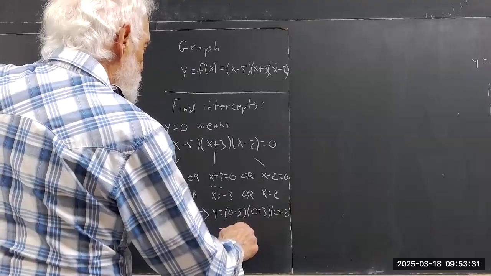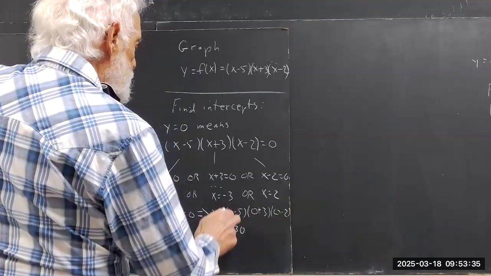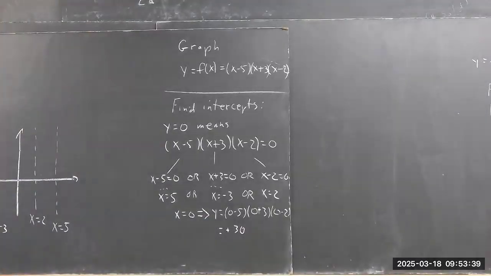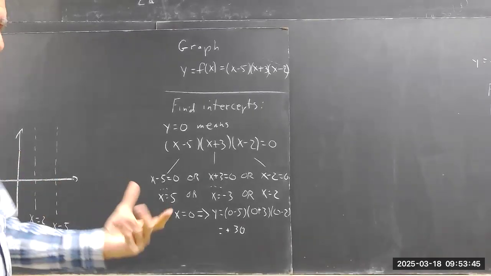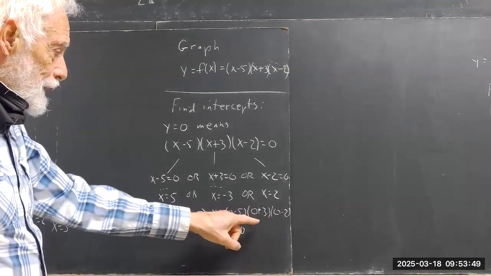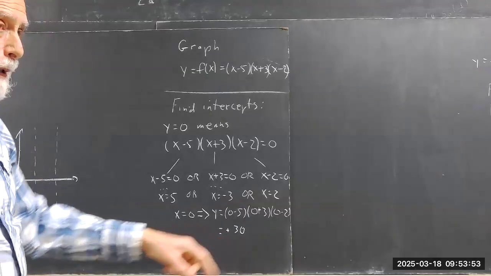Okay, and that's -30, no, that's +30. So we've got 2 negatives and a positive. Now, I noticed somebody out there got -30, punching it into the calculator. You've got to be careful how you punch it in, and then check your signs. Got a negative, a positive, and a negative. It has to be positive.